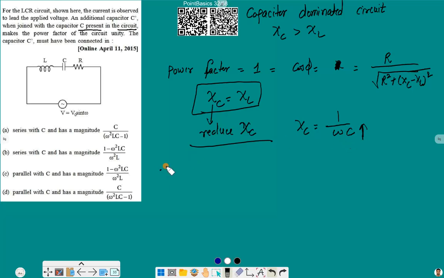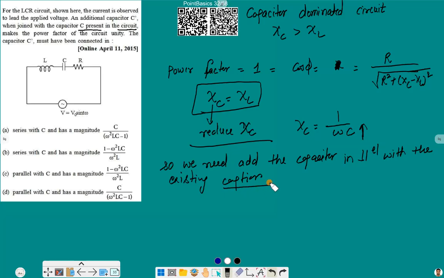So in short, we need to add the capacitor in parallel with the existing capacitor. Only then is there a chance that XC becomes XL and power factor becomes 1. So both series options are rejected for now.